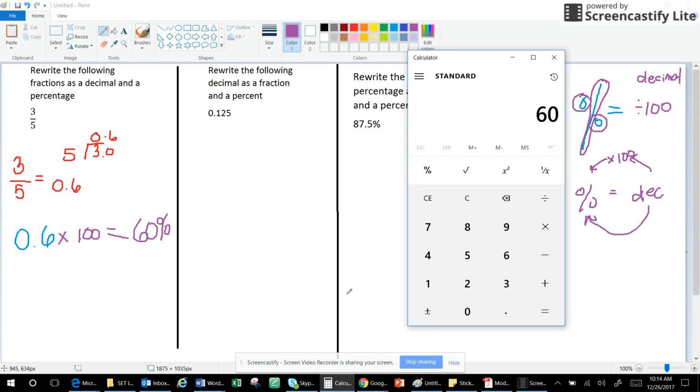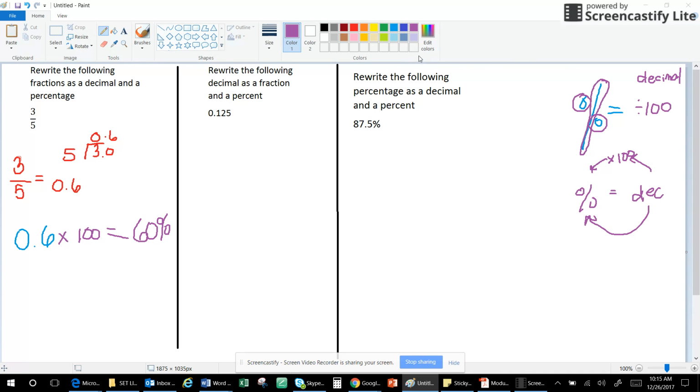All right, try the next one on your own. You want to rewrite the decimal as a fraction and a percentage. So go ahead and try it on your own. Click continue when you check your work and your answer. All right, so we're starting with a decimal, and probably the easiest one to do off the bat is the percentage.